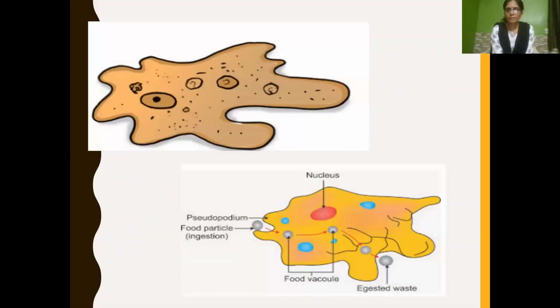In this figure of amoeba, you can see these projections at various places on the body, which we call pseudopodium. And pseudopodia often appear and disappear as amoeba moves and feeds.